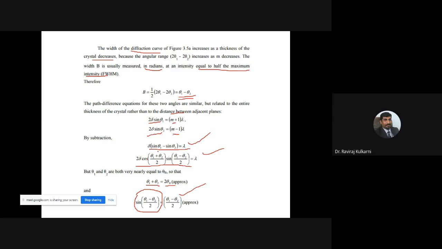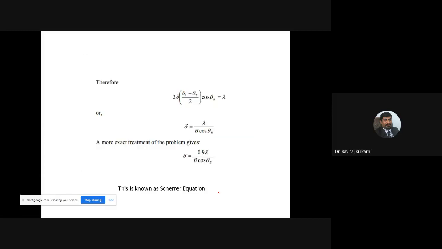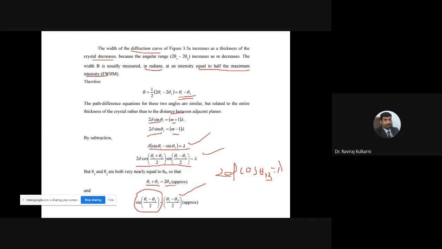So what I have is 2d cos((theta 1 plus theta 2) by 2), and this becomes 2 into d, that is delta, into cos of 2 theta B by 2, that is cos theta B only, times (theta 1 minus theta 2) by 2, equal to lambda.